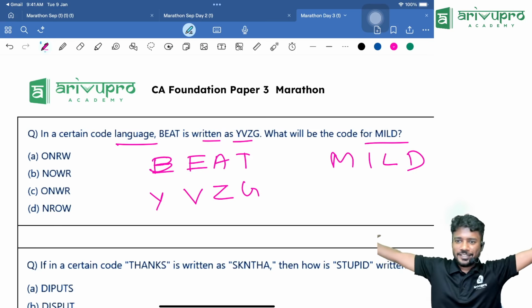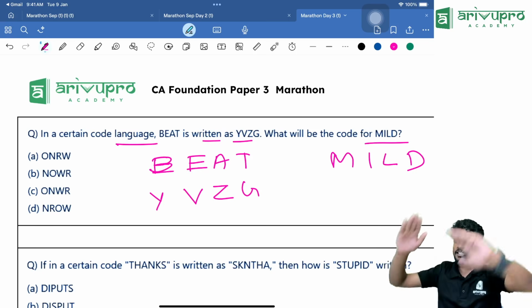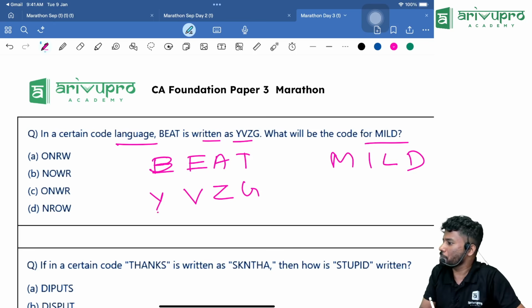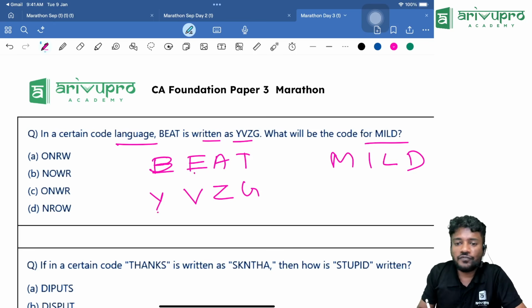What is it, people? The coding is backward coding. So B is second from the forward position. Y is second from the backward position. E is fifth from the forward position. V is fifth from the backward position. A is first from the forward position. Z is first from the backward position.